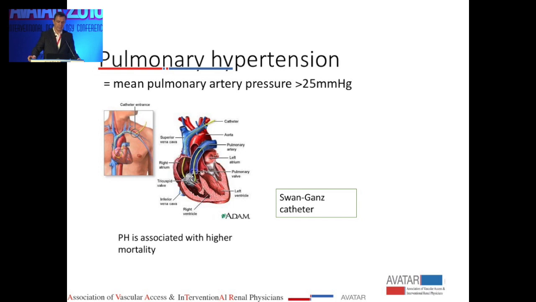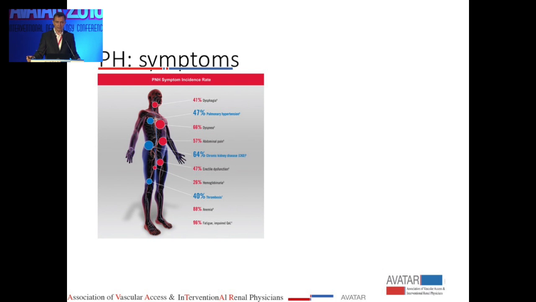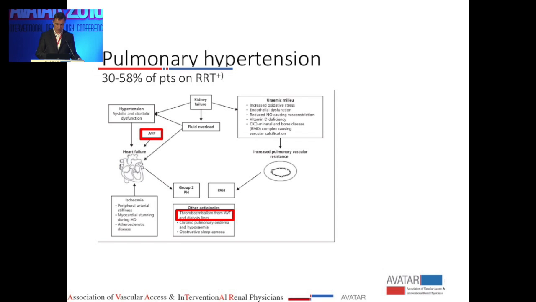Pulmonary hypertension means an increase of mean pulmonary artery pressure above 25 millimeters of mercury at rest. It's very common in end-stage renal disease patients, and it is associated also with a higher mortality. There could be various symptoms of pulmonary hypertension, but according to our experience, most of the patients suffer from some fatigue, dyspnea, tiredness, and so on.